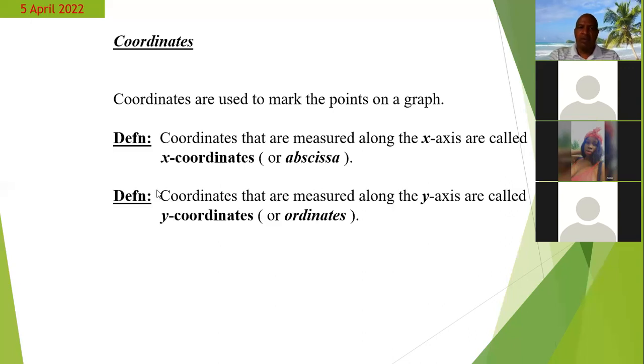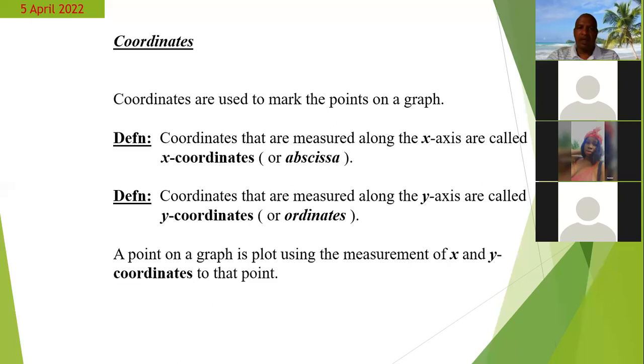Coordinates that are measured along the y-axis are called y-coordinates, or in some books you would call them ordinates. So abscissa and ordinate are just other words used instead of x-coordinates and y-coordinates.